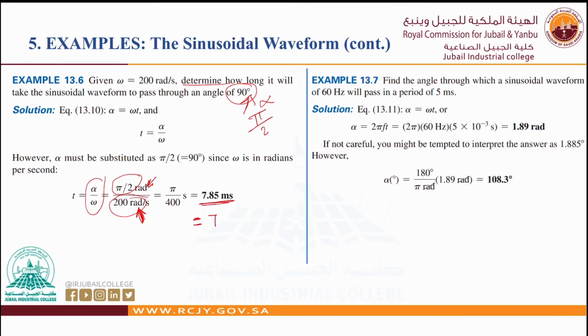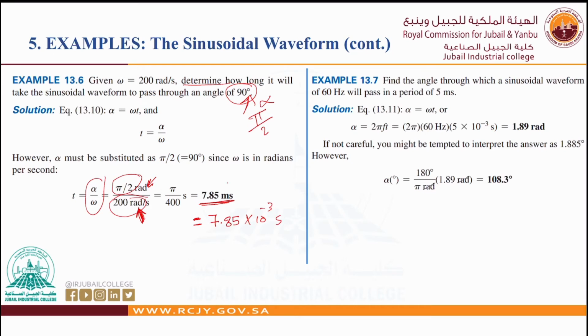In the calculator, it will be shown like this: 7.85 multiplied by 10 to the power minus 3. Just add the unit of time, which is seconds. For me, I prefer to have both.